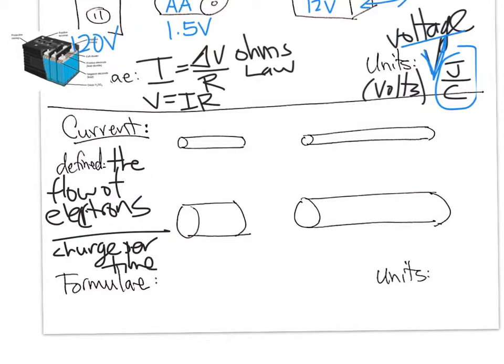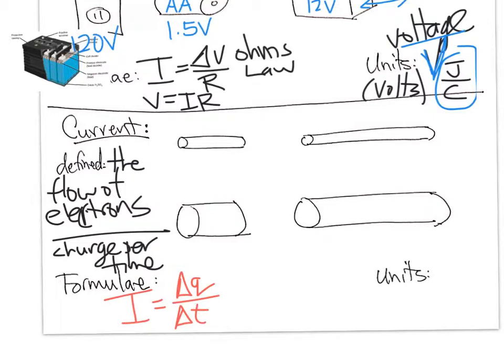Imagine you are watching this wire and electrons are flowing through it, and you're counting them. How many have passed per time? That is what we talk about when we say current. So a formula for current: we use the variable I for current, and it is delta Q per delta T, the amount of charge per time.